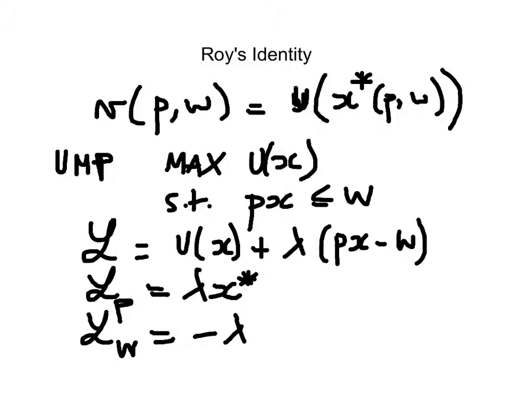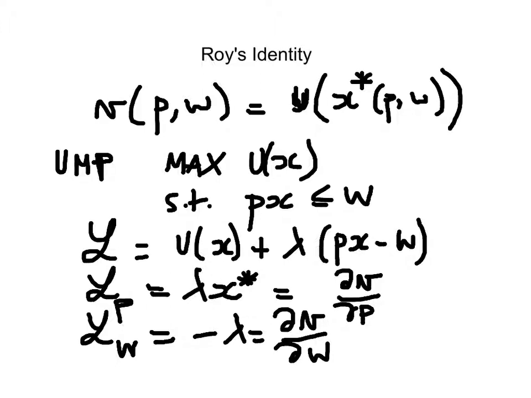Now the envelope theorem, of course, says that this is none other than the partial derivative of v with respect to p, and this is none other than the partial derivative of v with respect to w. So let me name this equation number 1, equation 2.